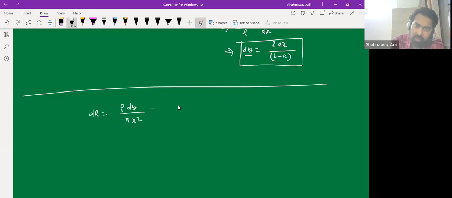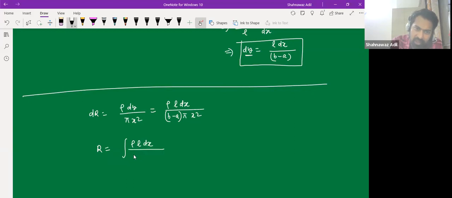So this is rho L dx divided by (b minus a) pi x square. Now I have this x variable, a function of x, so now we can integrate this quantity. The resistance would be the integration of this quantity in the limit of x.